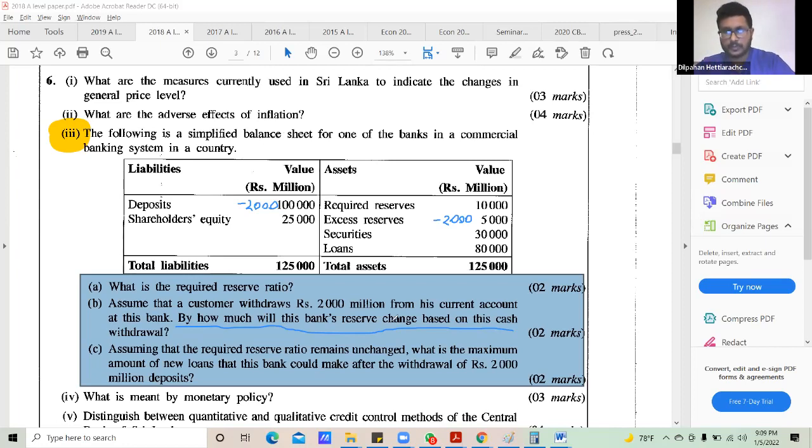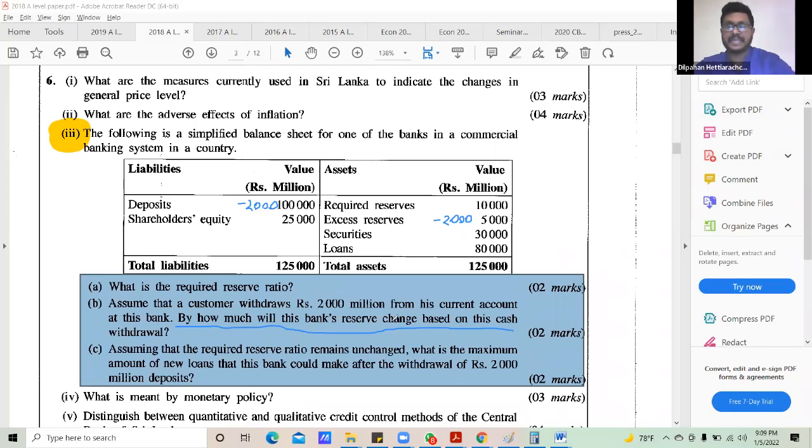Right? So without just telling, okay, there is a reduction of 2,000, the best way of presenting this will be, you can tell, initially this was 15,000, now it's 13,000. Therefore, just put 3 dots and write, there is a reduction of 2,000 million rupees, right?